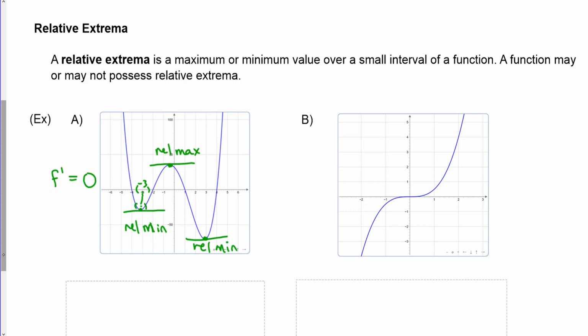So for instance, if I look at this particular point right here, it turns out the derivative at that particular point is 0. So the derivative, the slope of the tangent line, is equal to 0. But that's not a minimum or a maximum. So this is neither minimum or maximum.